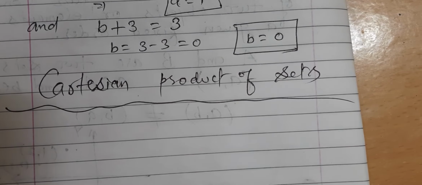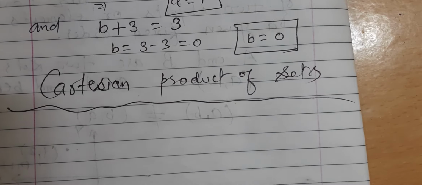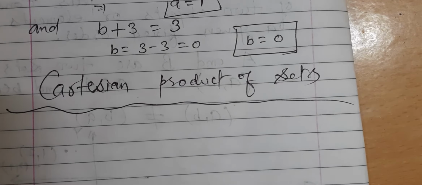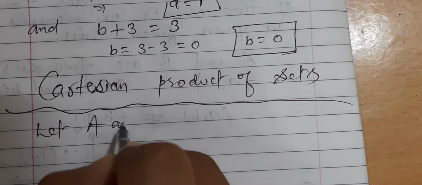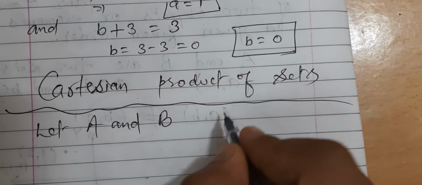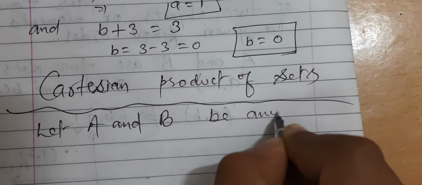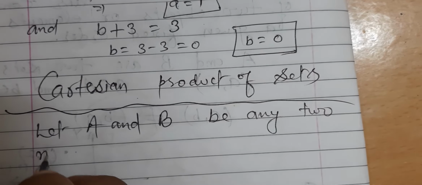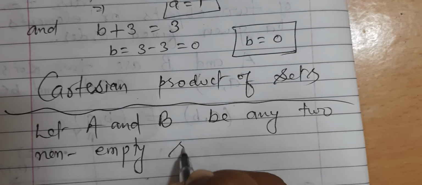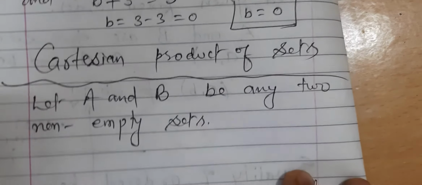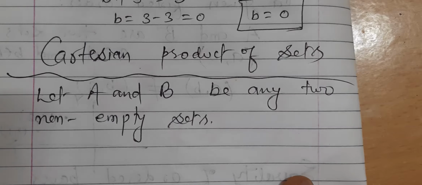So let us first see the mathematical definition of the Cartesian product of sets. So the definition is, let A and B be any two non-empty sets. Non-empty sets means they are not empty, they have some elements.